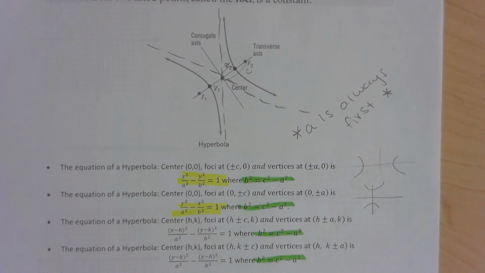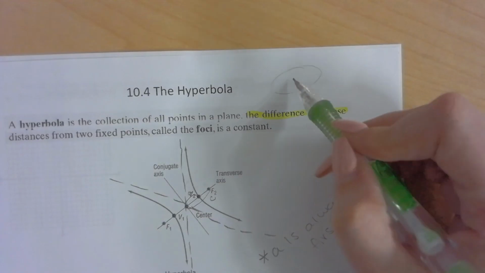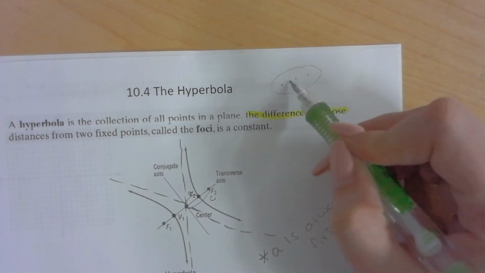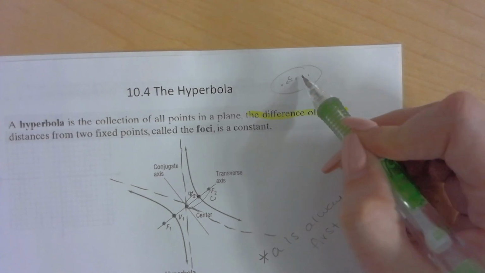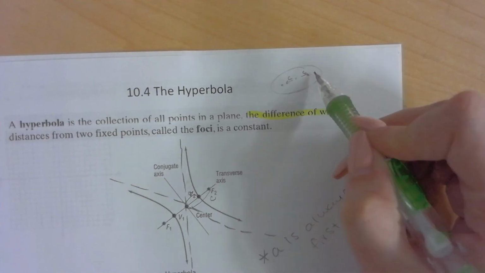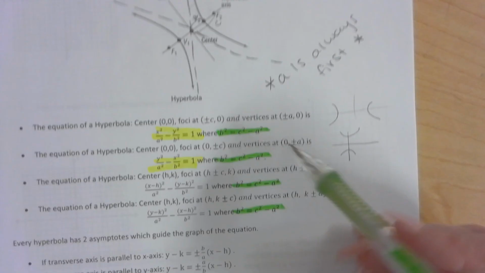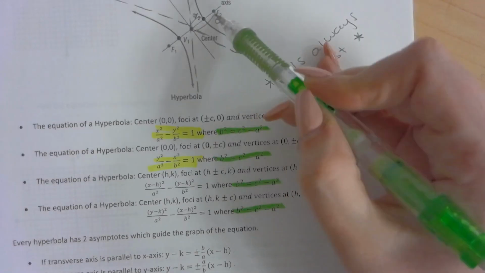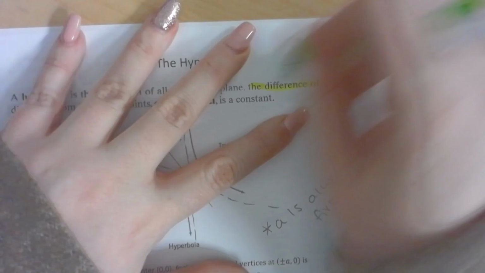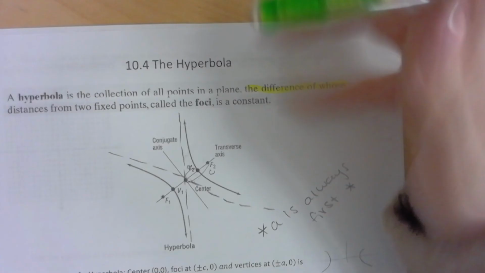When we had an ellipse, the foci were here, so the C was smaller and the A was bigger, so we did A minus C. Well, here the C is going to be bigger than the A is, so we have to do C minus A.